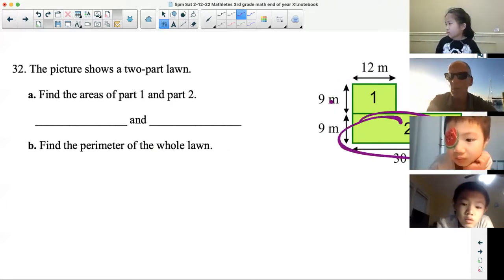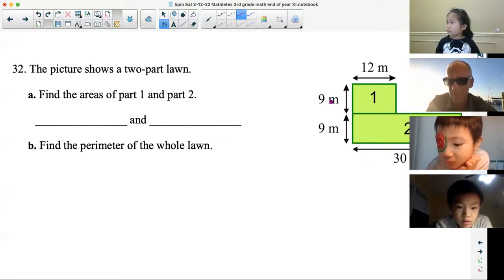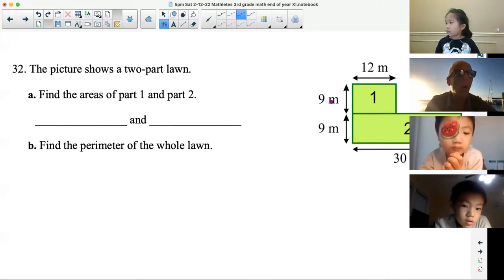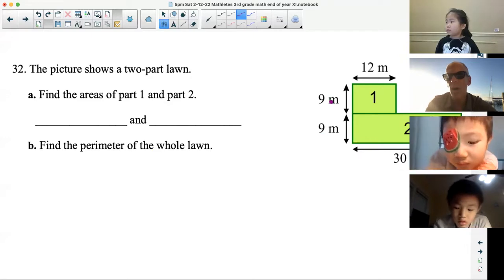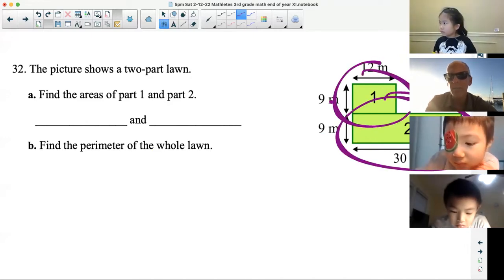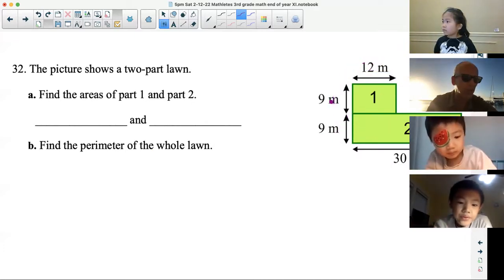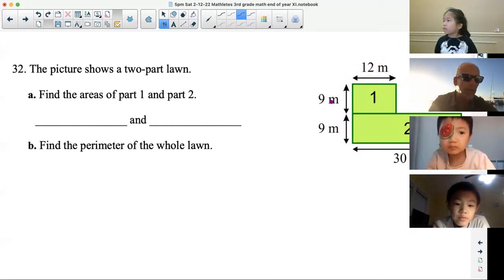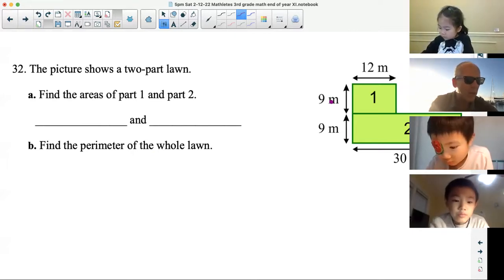Part number 2 has dimensions of 9 meters by 30 meters. What do you think are the areas of each, area 1 and area 2? So you should be doing 9 times 12 and 9 times 30. Go for it, guys.